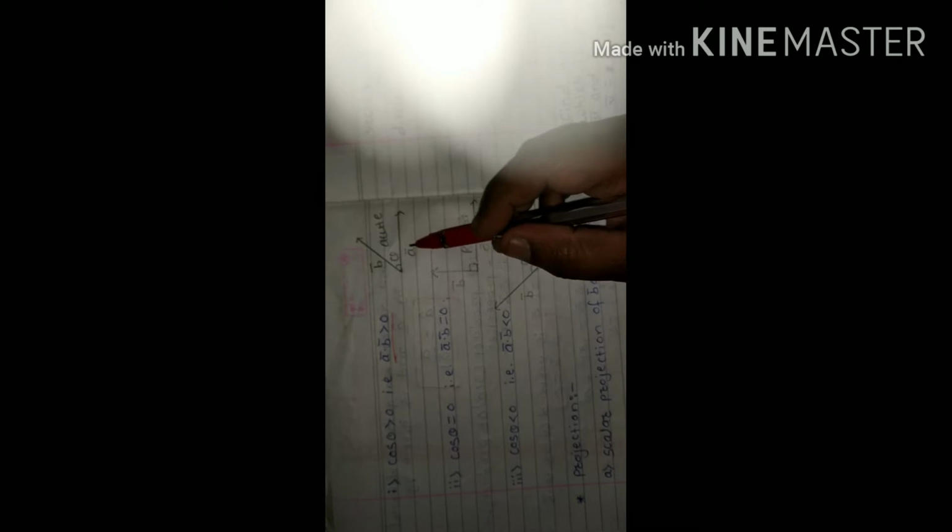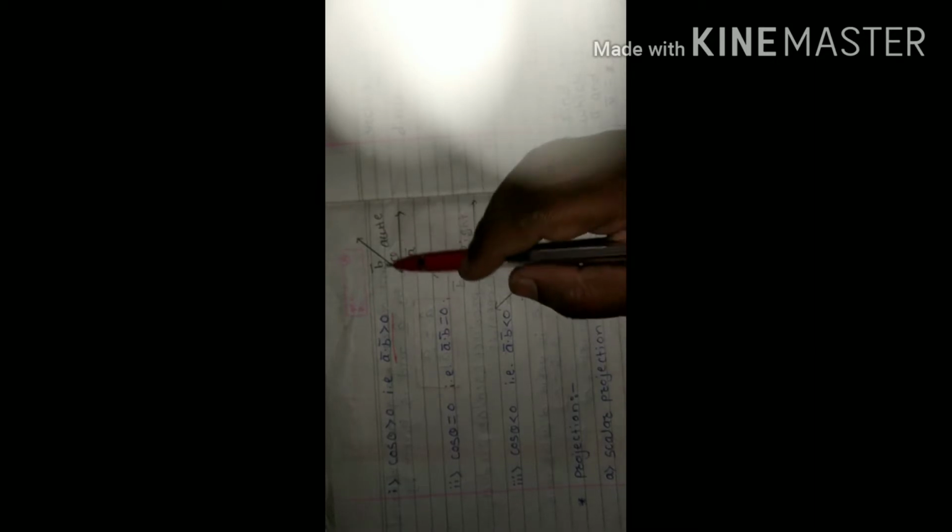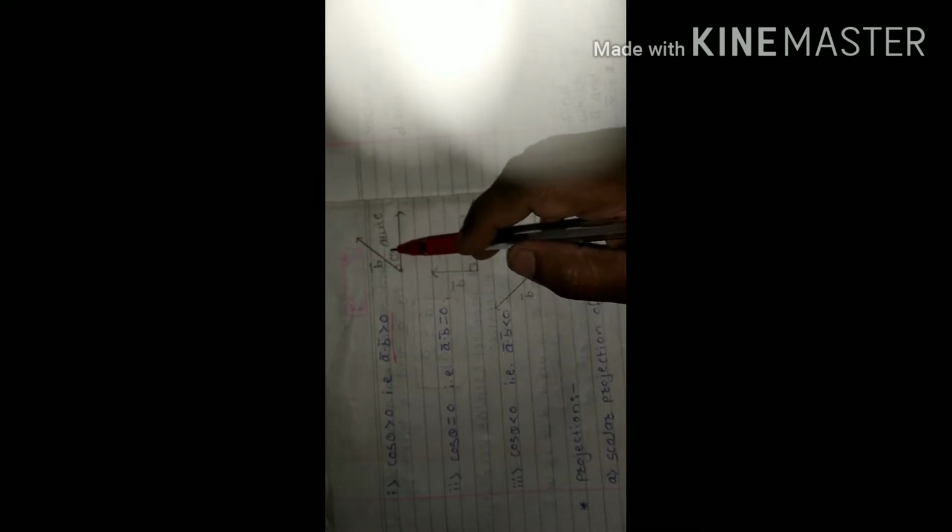Then number first, when the value of cos theta is greater than 0, that is its dot product a bar dot b bar is greater than 0, the angle theta between vector a bar and b bar is an acute angle.